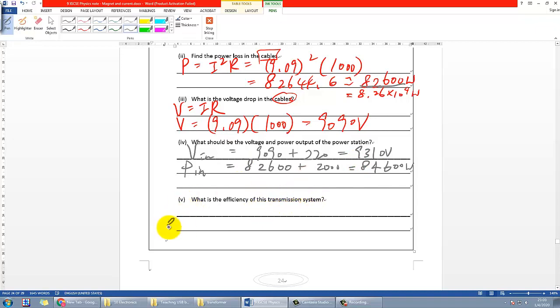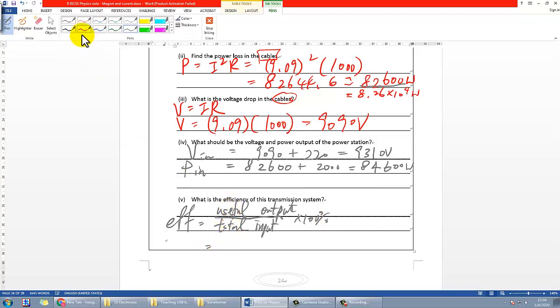Once again, if you calculate efficiency, you should be using the equation of useful output, it could be energy, it could be power, that's fine, versus the total, or simply just input, times 100%.